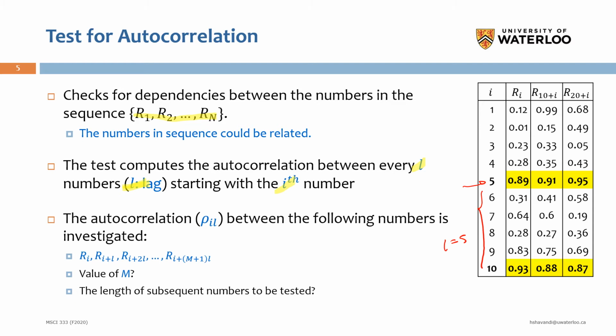So we have 6 subsequent numbers, and we will see if there is any dependency between these 6 numbers or not.